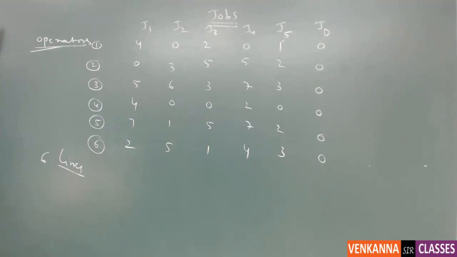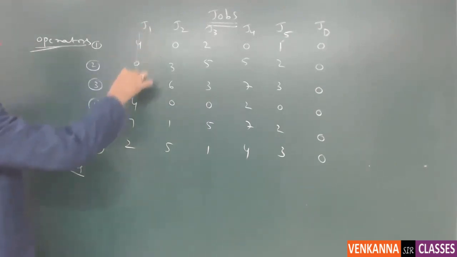So everyone accepts that I need to draw 4 lines to cover all the zeros, right? Please give me the numbers so that I can draw the lines on the board. You can give the job number or the operator number. So tell me how to draw the lines here. So job 1 and job D, right? J1, JD. So this is one line I have drawn.